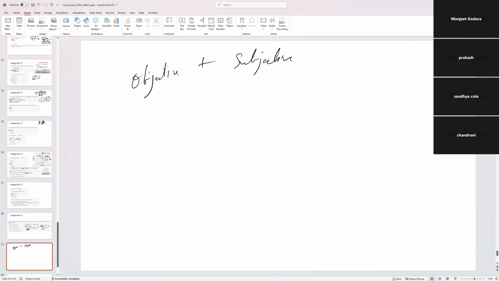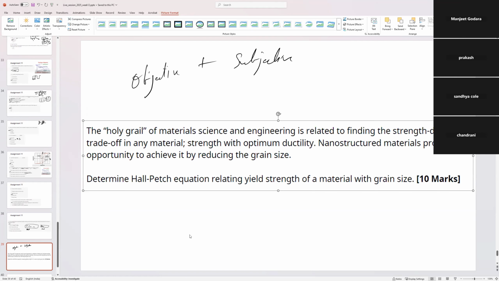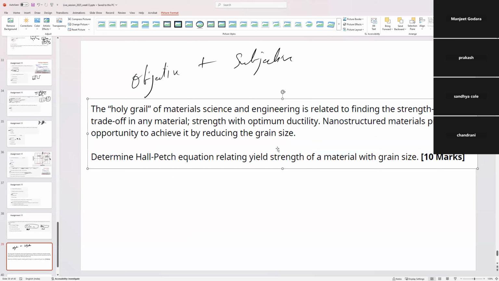Like this 10 mark question: determine the Hall-Petch equation relating yield strength of a material to grain size.